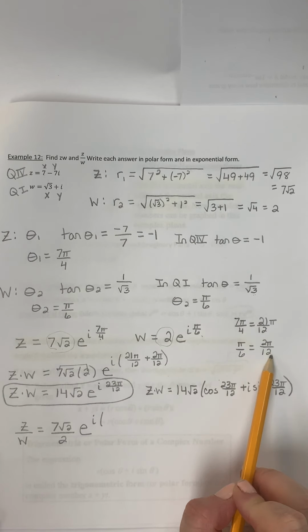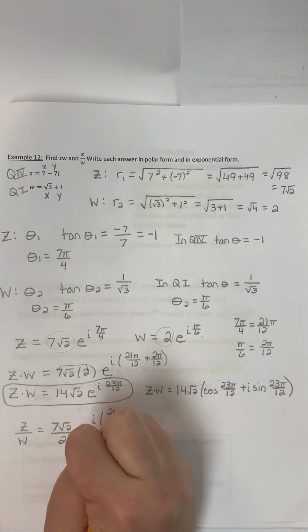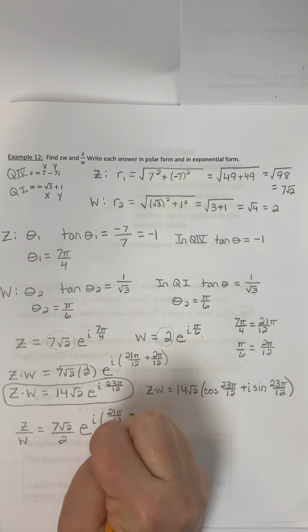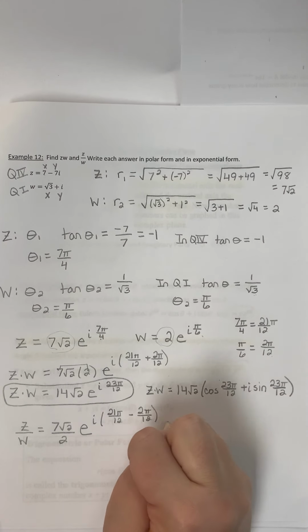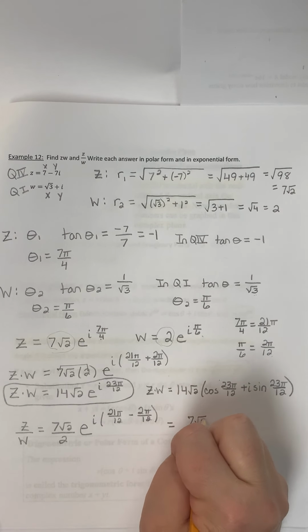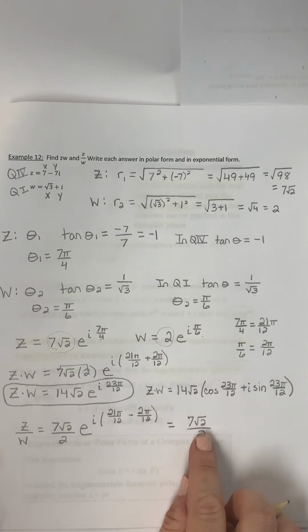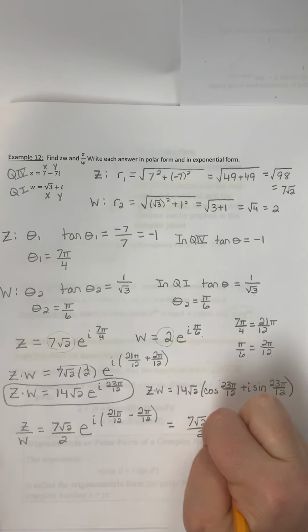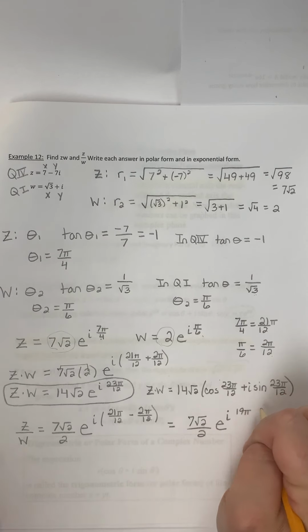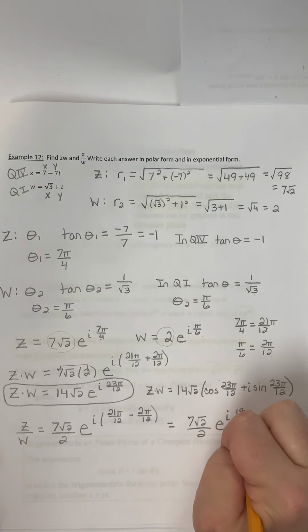So this theta minus this theta. We're going to have 21 pi over 12 minus 2 pi over 12. That's going to give us 7 root of 2 over 2. Remember, I can't reduce this because this 2 is under a radical. Times e to the i, 19 pi over 12.